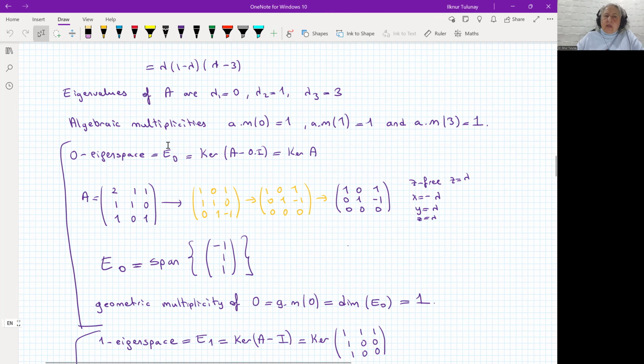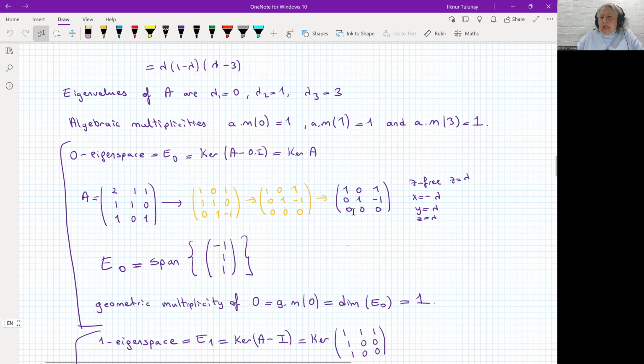The zero eigenspace, denoted by E0, is the kernel of A minus 0I. Then it makes it just the kernel of A. And then we apply some row operations, and in some way you will obtain this reduced row echelon form.